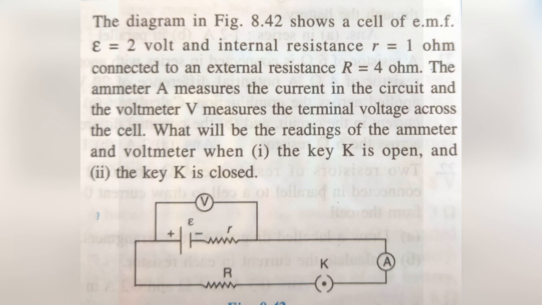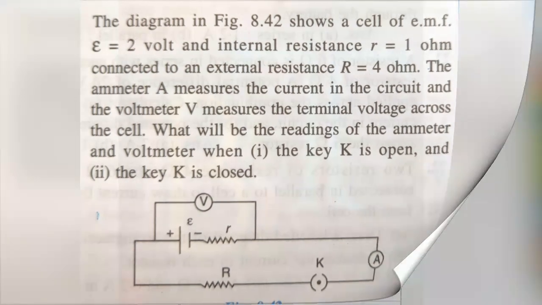The ammeter A measures the current in the circuit and the voltmeter V measures the terminal voltage across the cell. What will be the reading of the ammeter and voltmeter when the key is open and when the key is closed?